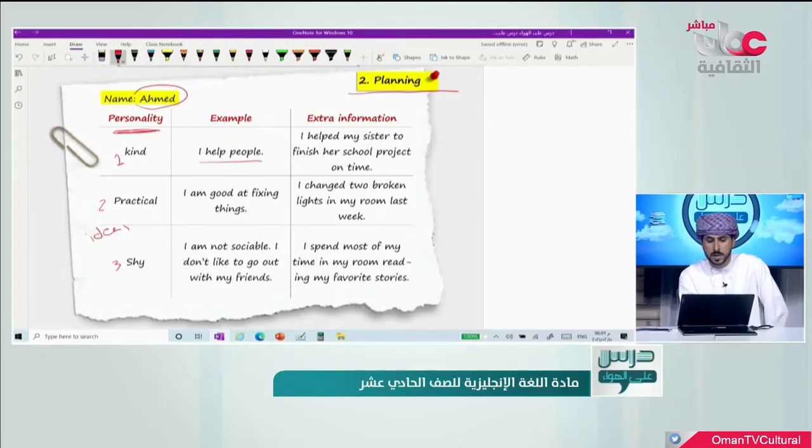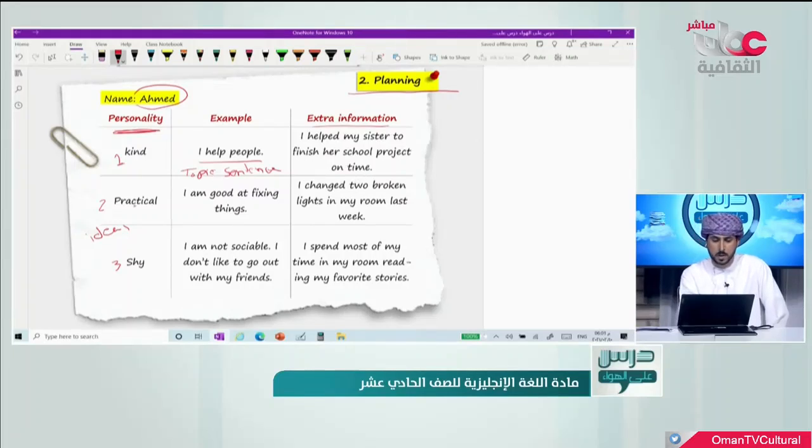Example, this is the topic sentence. Kind, I help people. Extra information, which is the supporting sentence: I helped my sister to finish her school project on time.